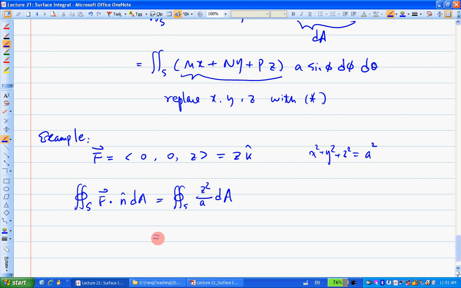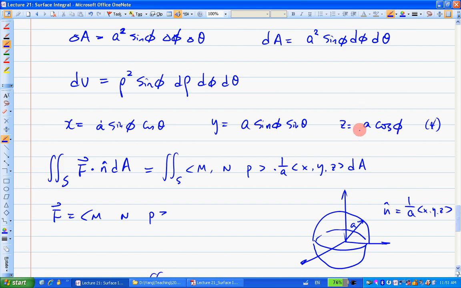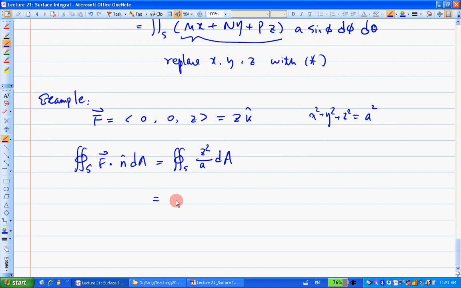I'm going to replace the z with this a cosine phi, so a cosine phi squared here. And then dA is a squared sine phi d phi d theta. That's the dA.